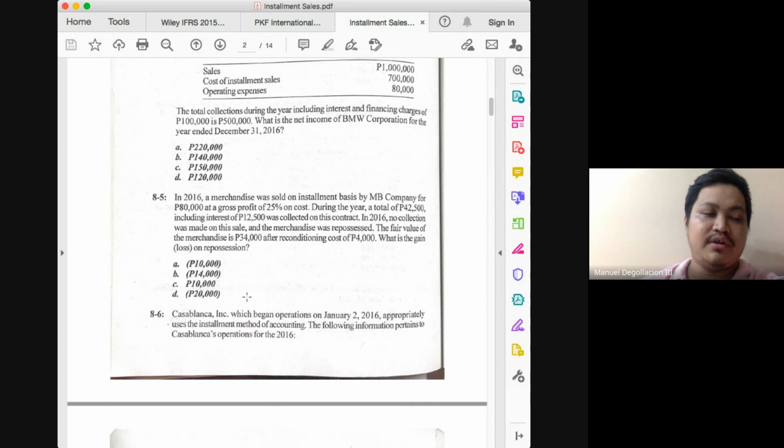For your unrecovered cost, that will also not be given directly. The challenge there is for you to determine how much is the remaining receivable that is no longer collectible. And whatever is the cost component of that amount, that will be your unrecovered cost. So let's try to apply that in this problem.